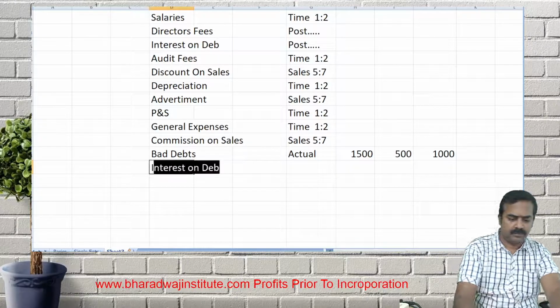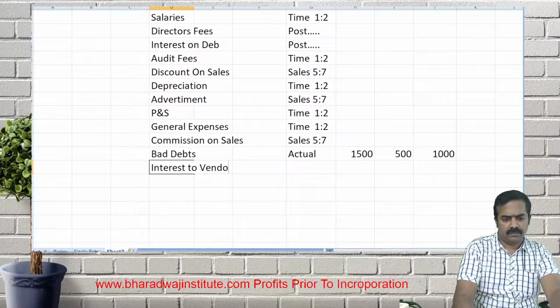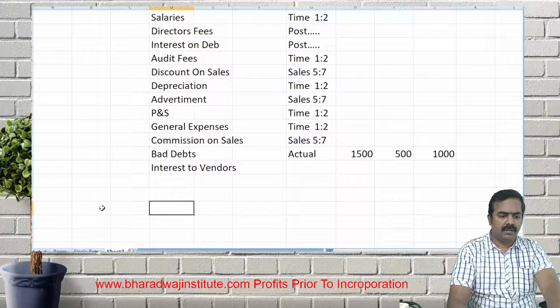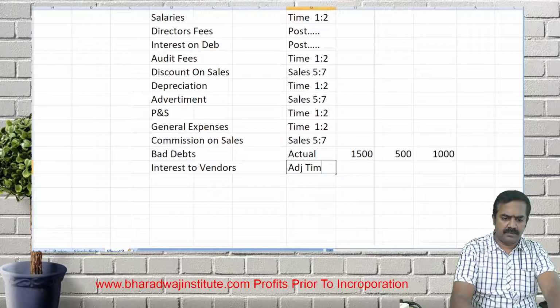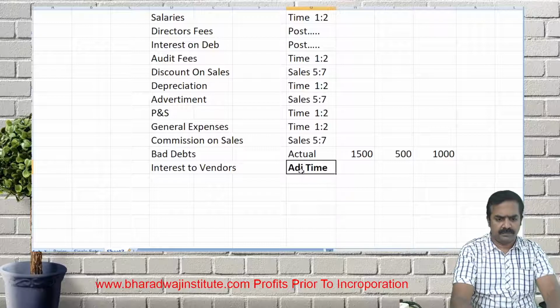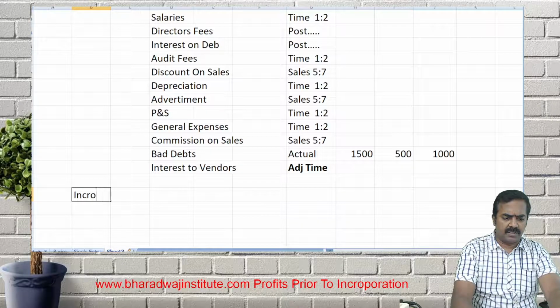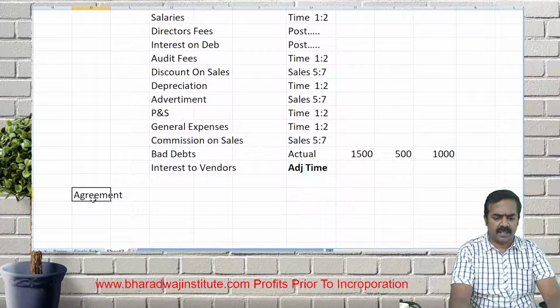Interest to vendor on purchase consideration up to 1st May 2016. Adjusted time ratio. What is the agreement to take over? Maybe leave about 3-4 lines gap and take this working.